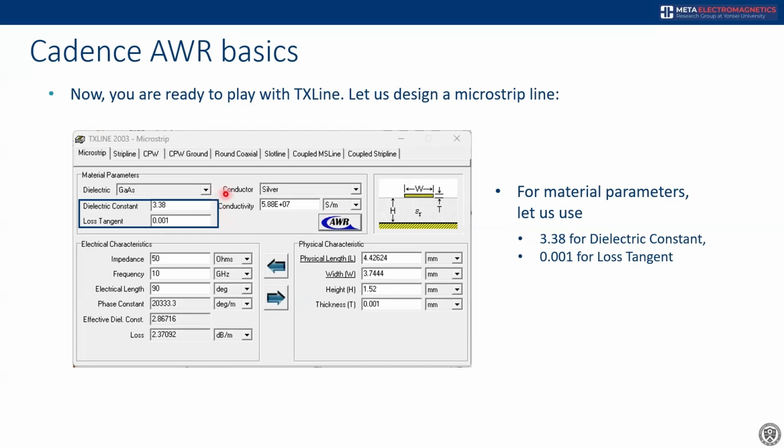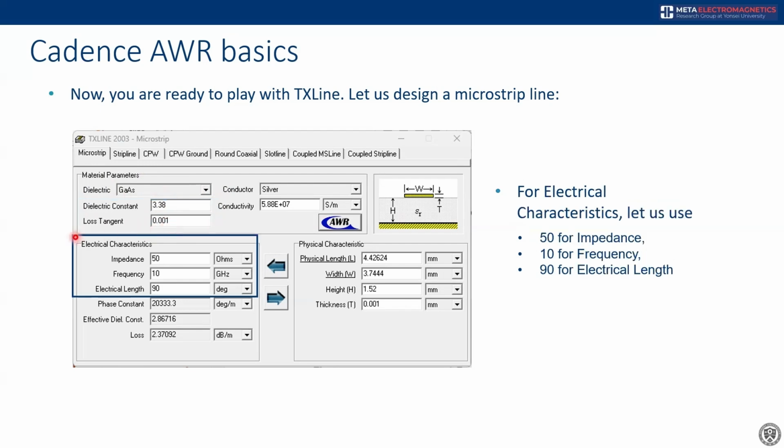Okay, so let's start with defining material parameters. For dielectric constant, let's use 3.38, and let's type 0.001 for loss tangent. And for electrical characteristics, let's use 50 ohms for characteristic impedance, 10 gigahertz for frequency, and 90 degrees for electrical length. The electrical length here is measured at the frequency defined in this menu.